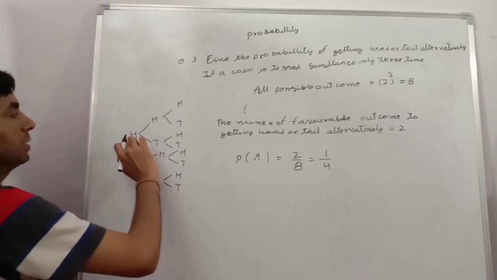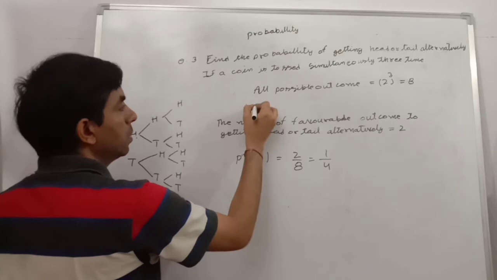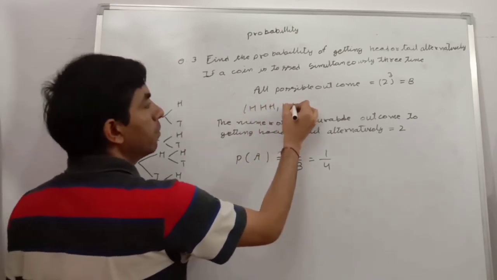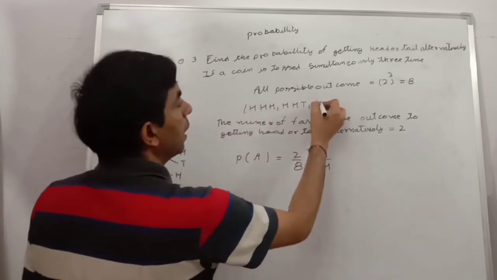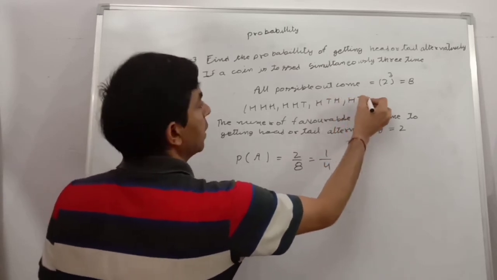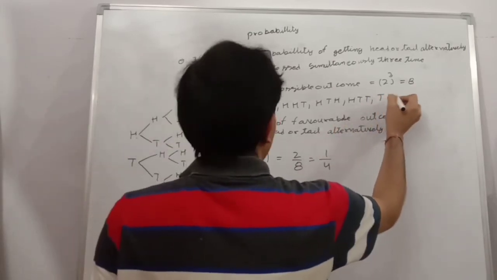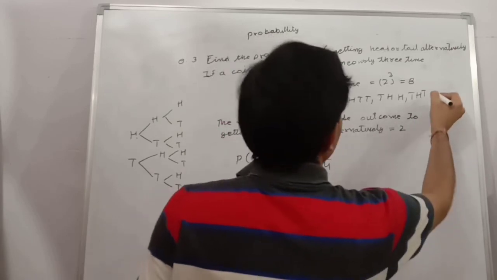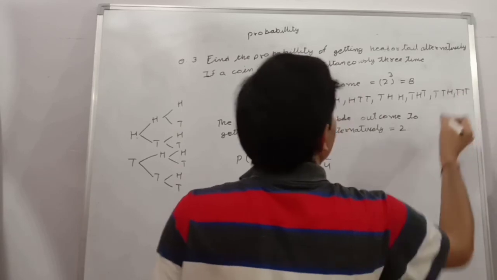First I check the first line: head, head, head. All are head. Second: head, head, tail. Third: head, tail, head. Then head, tail, tail, tail, head, head, tail, head, tail, tail, tail, head, and tail, tail, tail.